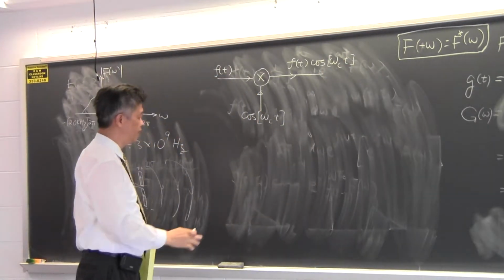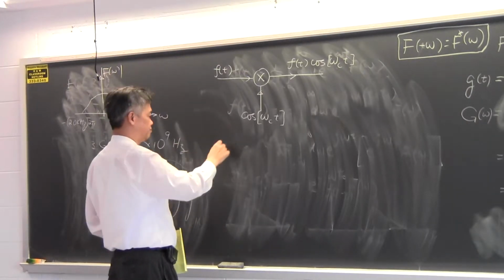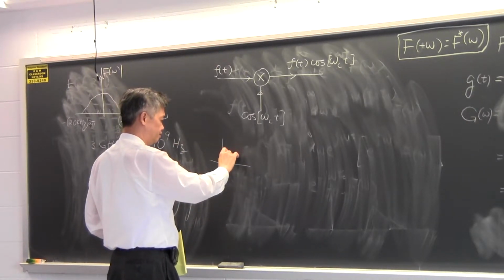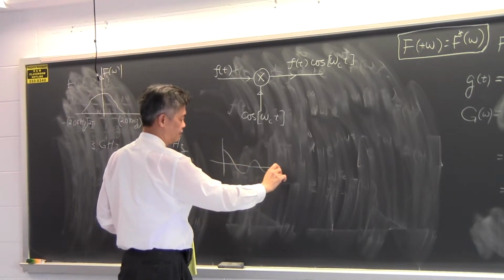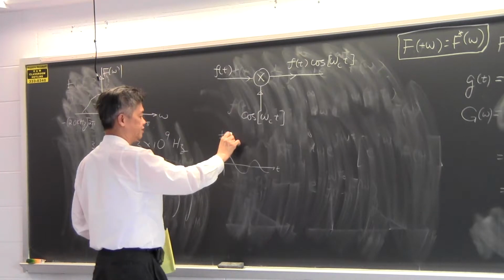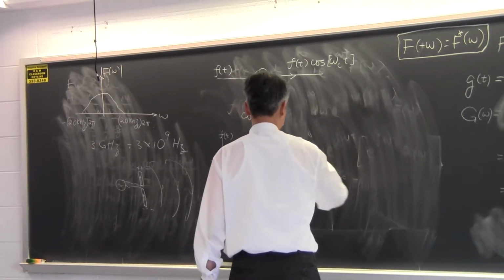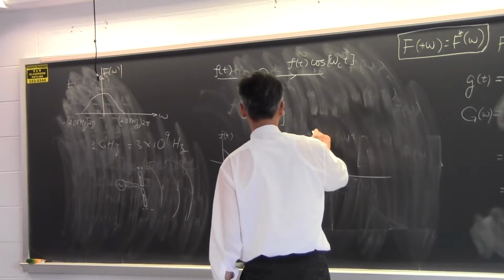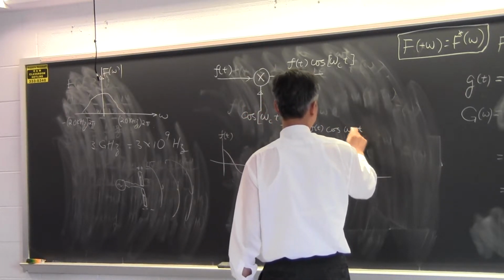So if I were to plot this signal, it is kind of hard to plot, but the voice signal is at very low frequency. The voice signal might look something like that, and then multiply that with cosine of omega naught t, or omega c t.